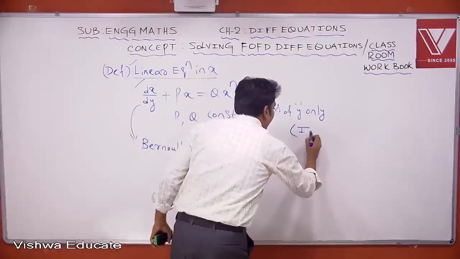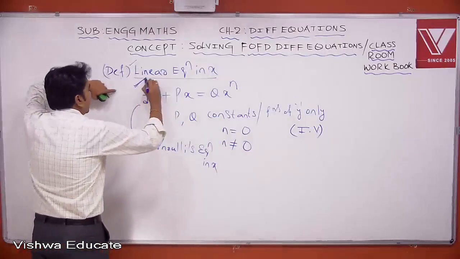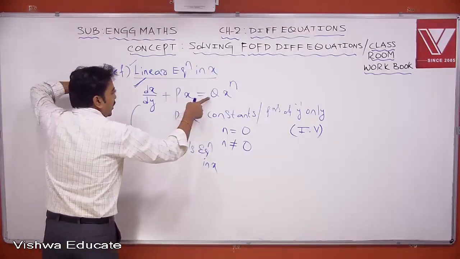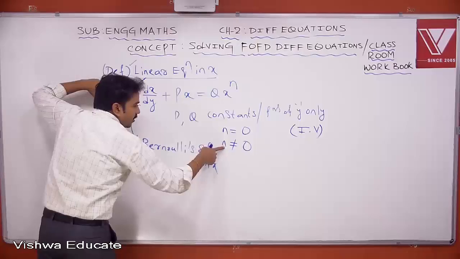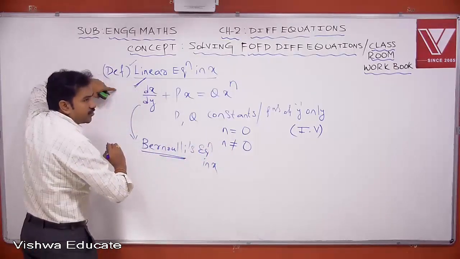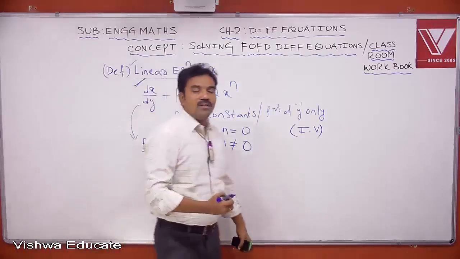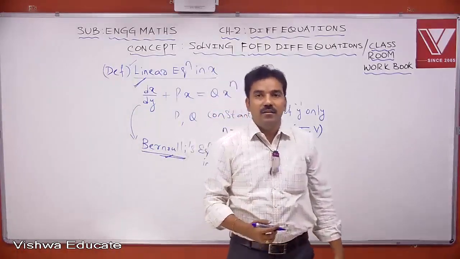So whenever an equation is in the form dx by dy plus px equal to q into x power n, where n is some constant other than 0, then it is called Bernoulli's equation in X. Right?